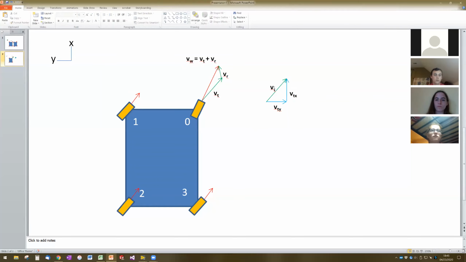We're just breaking this one down further. So that equals this vector plus that vector.